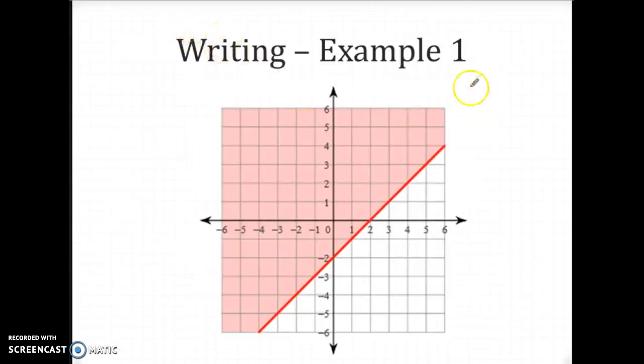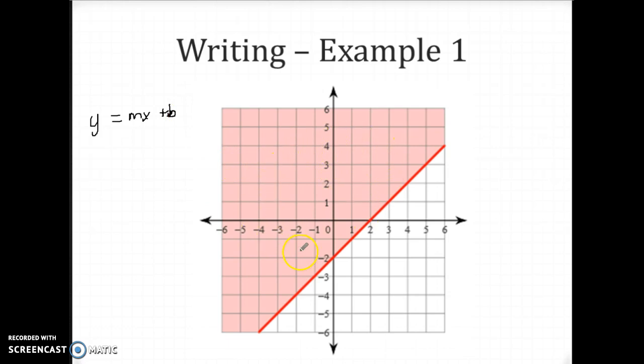So using another example, this is the same inequality that we had before, just the shading is a little bit different. We need to set it up into slope-intercept form, and we need to identify the shading, the type of inequality, and the slope and y-intercept.